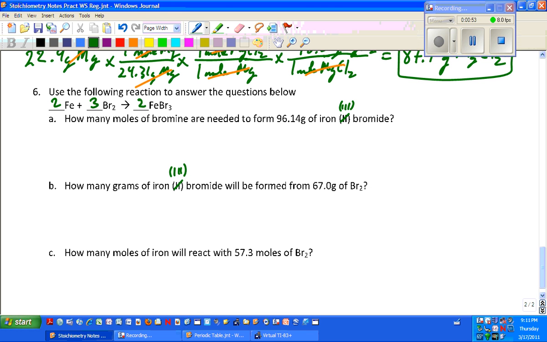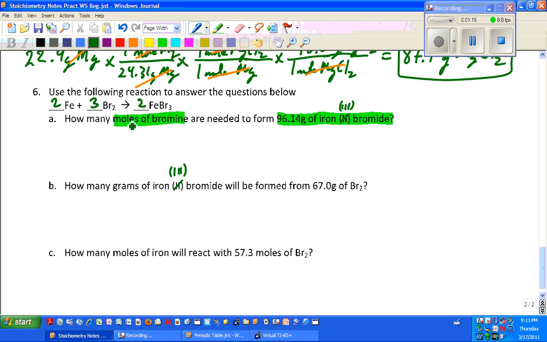All right, so let's see here. Let's identify our givens and our unknown. 96.14 grams of iron 3 bromide is my given. Moles of bromine are my unknown. So I'm going to go ahead and jump right to this. Oh, it's a mole-mole problem? No, I take that back.